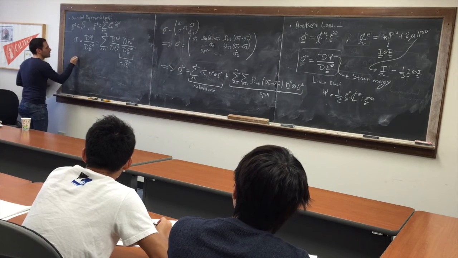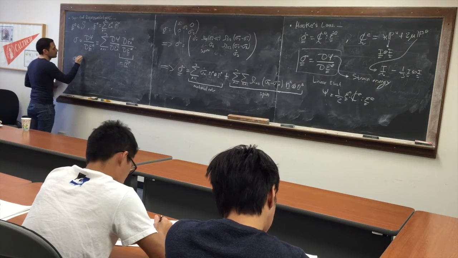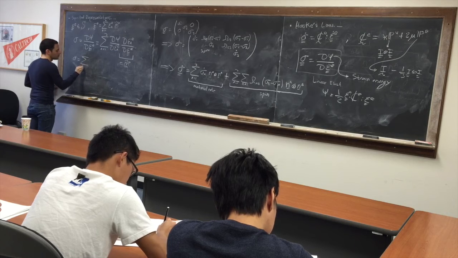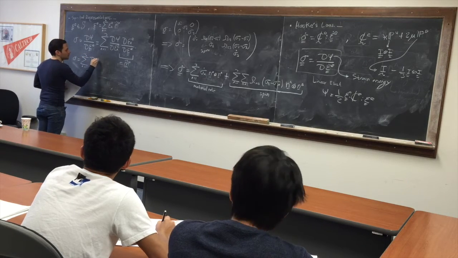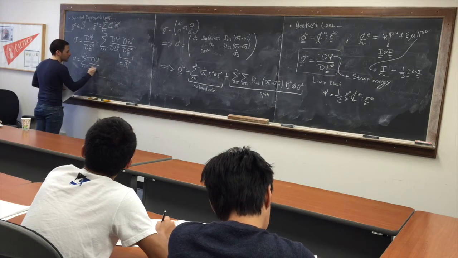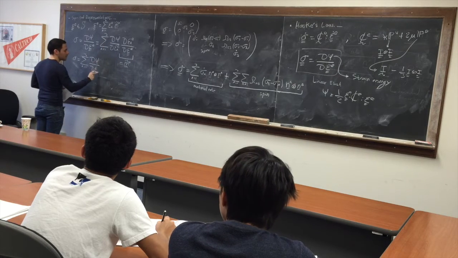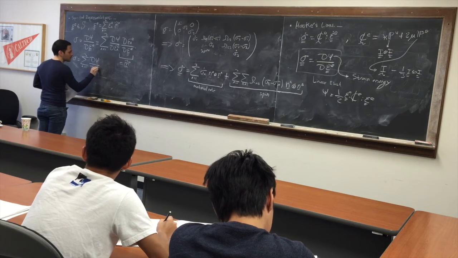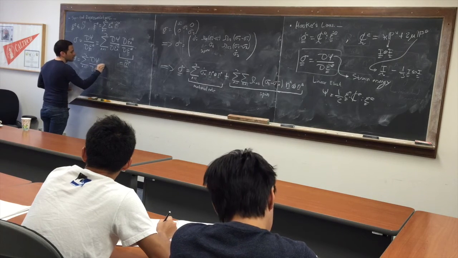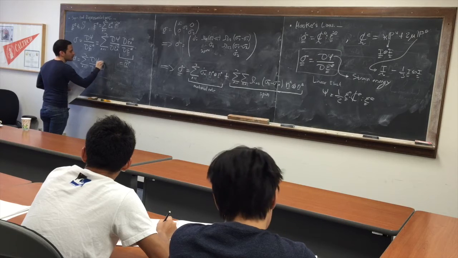So we have that sigma is equal to this summation of the derivatives of the strain energy with respect to the principal strains, elastic strains, times these bases MA.